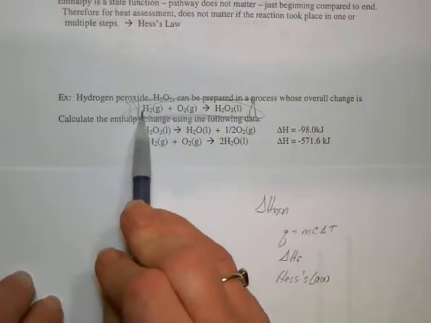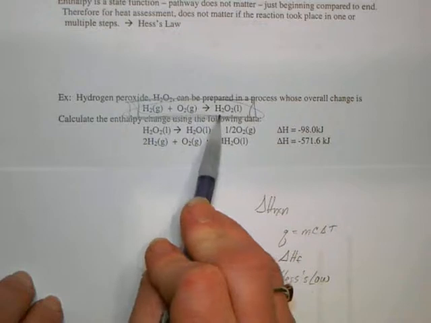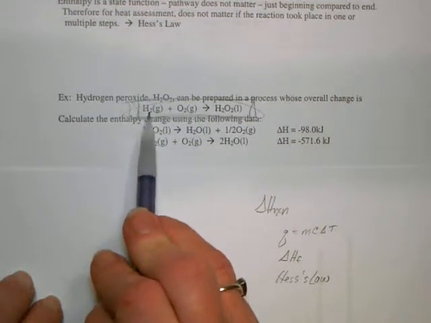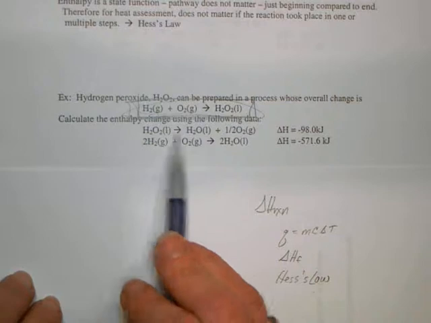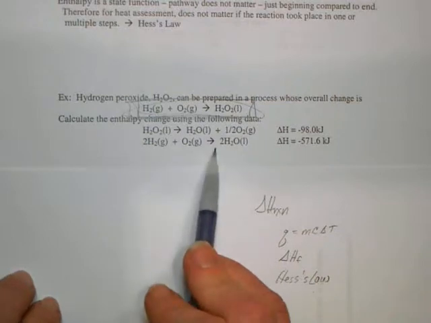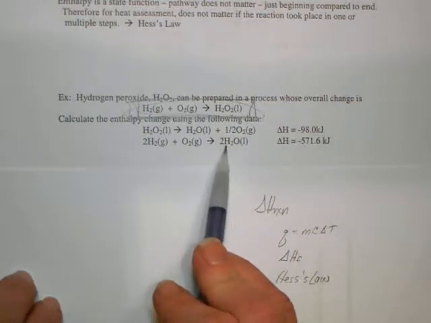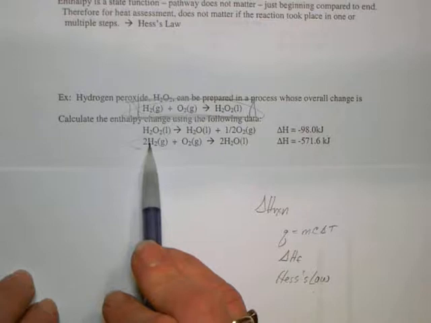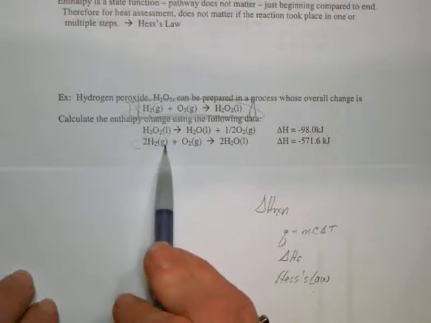I would take the guide of our overall reaction. We need 1 mole of H2 gas. When these little mini reactions, and you will be given the mini reactions, you will not have to come up with these on your own. Here, this reaction involves the reaction of diatomic hydrogen in the gaseous state.